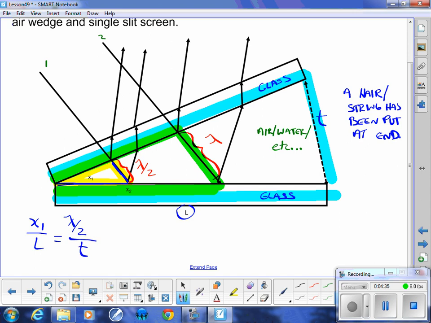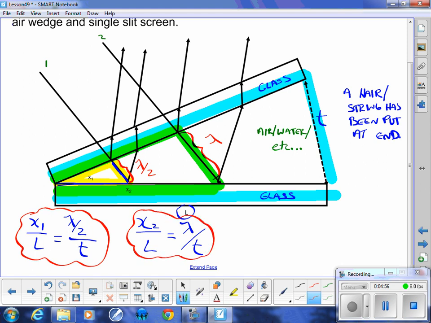So there is my first relationship, just using grade 10 similar triangles. Moving to the green triangle and comparing it to the teal one, I would have x2 compared to the length L. That is equal to lambda over the thickness t. There's my second relationship we're going to link together.